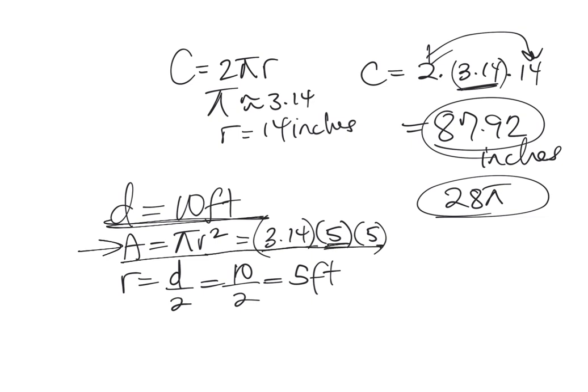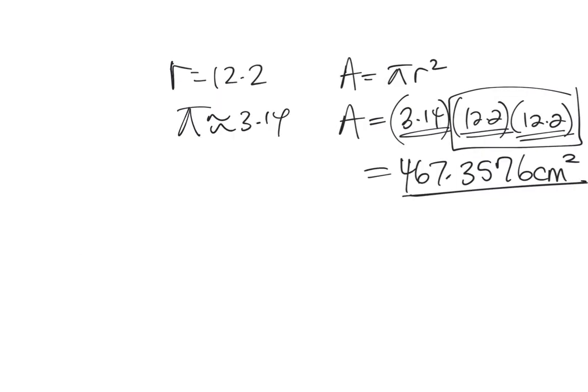We get 3.14 times 5 times 5, which becomes 3.14 times 25. That is 78.5, so 78.5 feet squared.